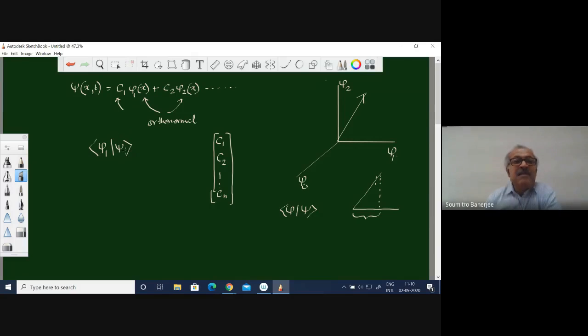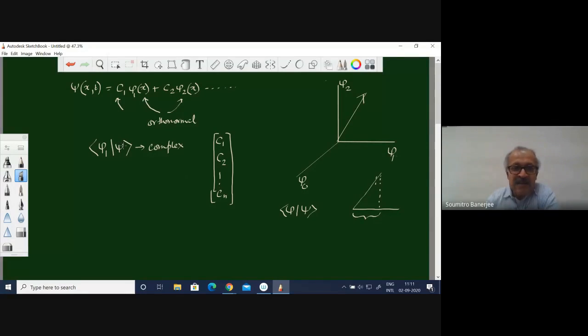And since both of these can be complex numbers, if these can be complex, then in order to construct something like this bracket, you will have to produce a vector out of this column vector.